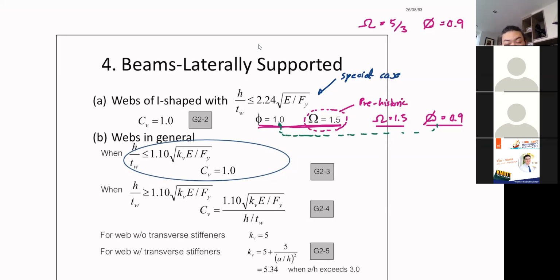That's why you have the factor of safety equal to 1.5 and then the phi without any reduction at all. But you can only use this when your h/tw is less than this value. Okay, they allow you a special case.